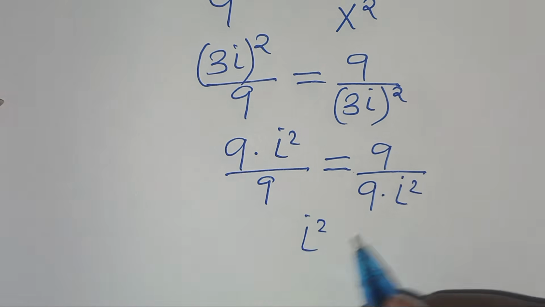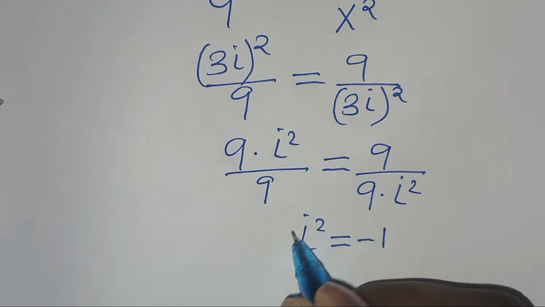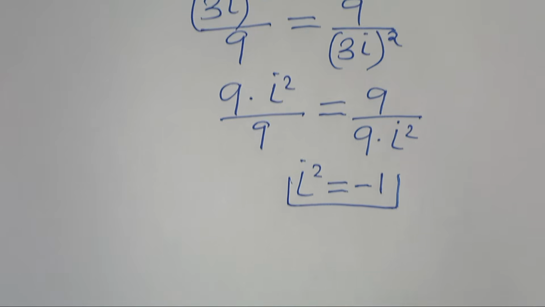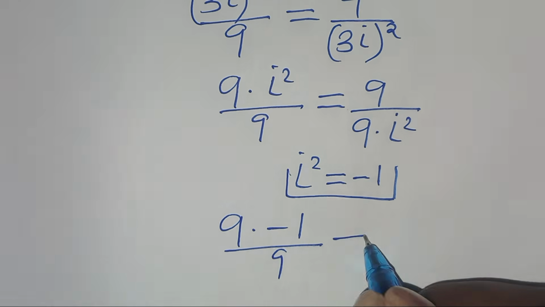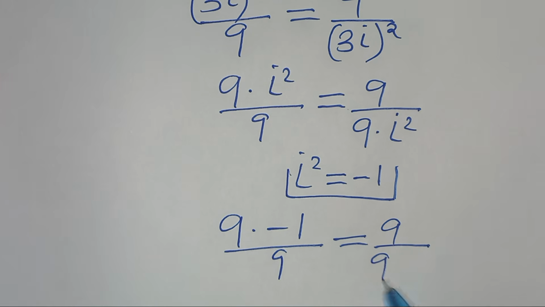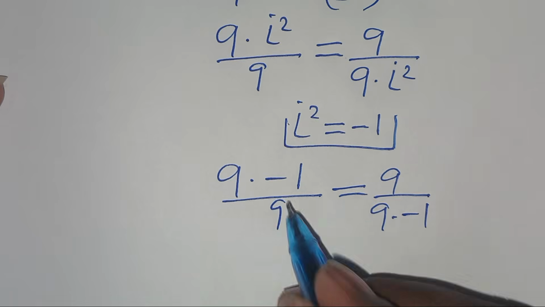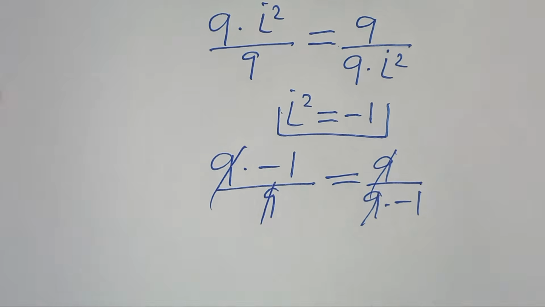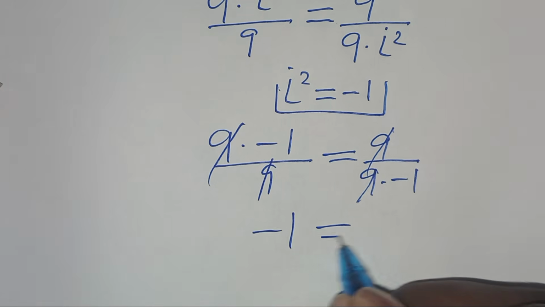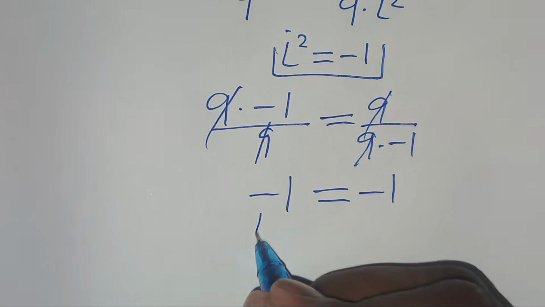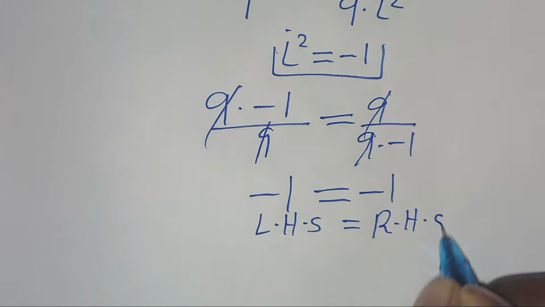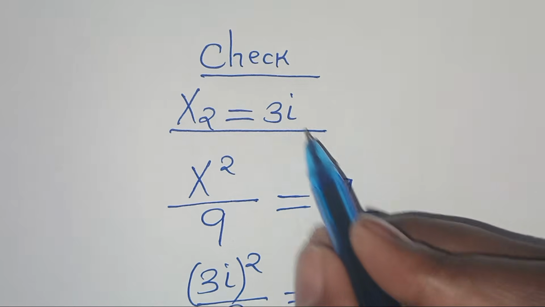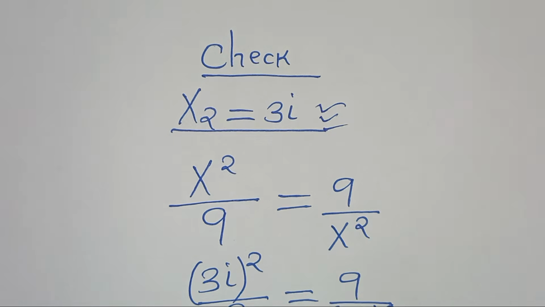Here i squared is equal to minus 1, so we have 9 times minus 1 over 9, equal to 9 divided by 9 times minus 1. The 9s simplify so that minus 1 is equal to minus 1. So the left hand side is equal to the right hand side, and this proves that x2, which is equal to 3i, satisfies the equation.